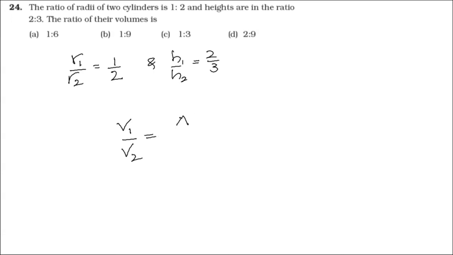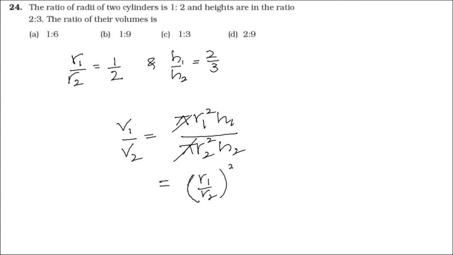We know the formula pi r square h. So we have to take pi r1 square h1 by pi r2 square h2. This is the same as, pi gets cancelled. This will become r1 by r2 the whole square multiplied by h1 by h2.